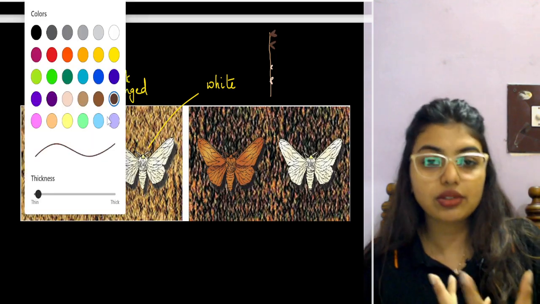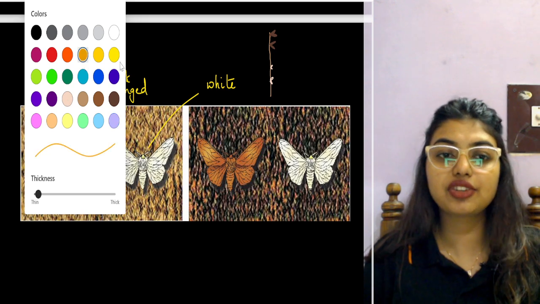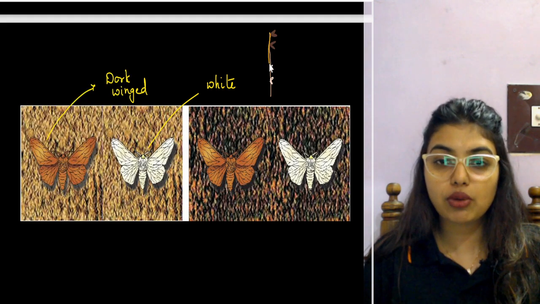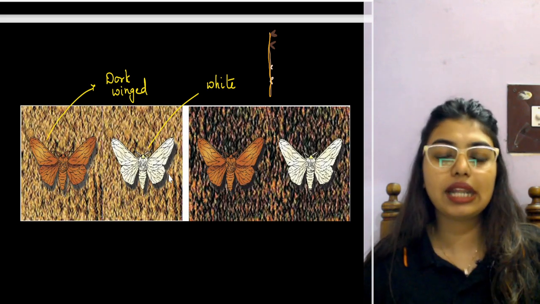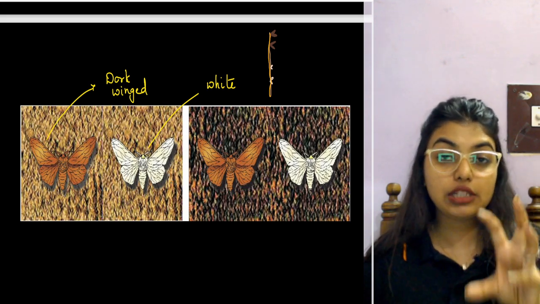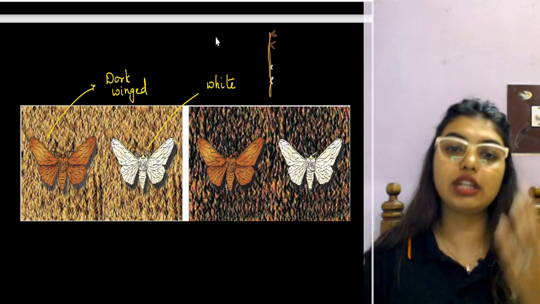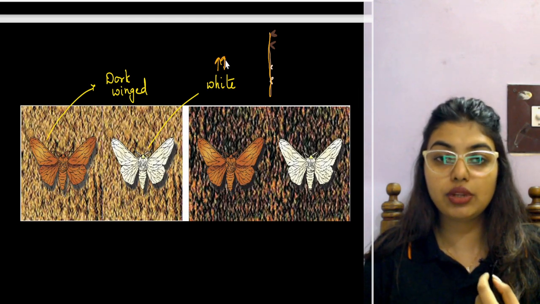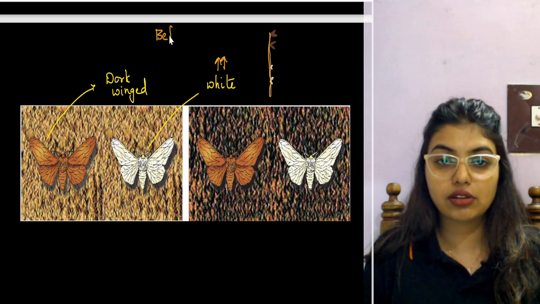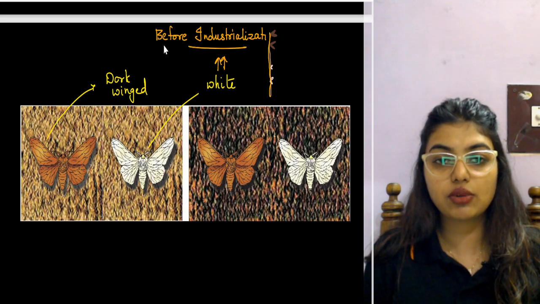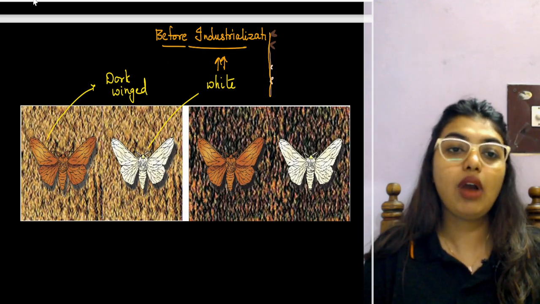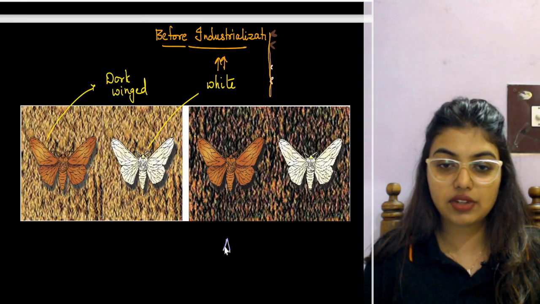What they were trying to say is, before industrialization, when the trees were not so brown in color, they were lightish in color, the light winged or white moths were more in number. Before industrialization, this fellow, the white winged moth, was more. Now, after industrialization, this is the after case.